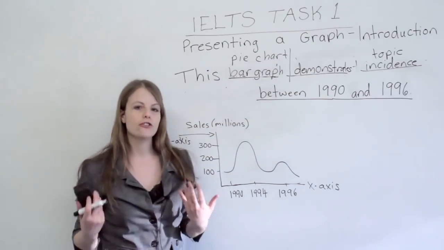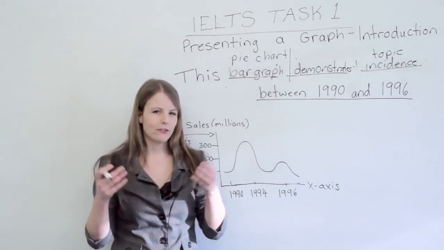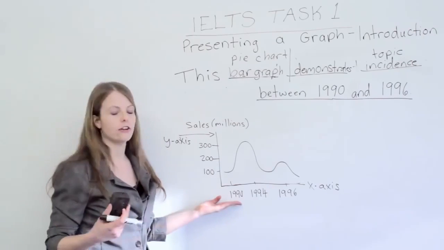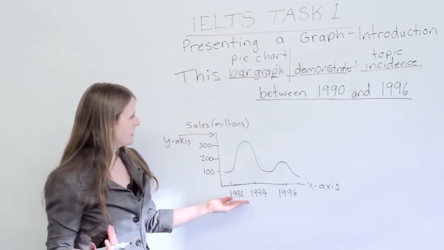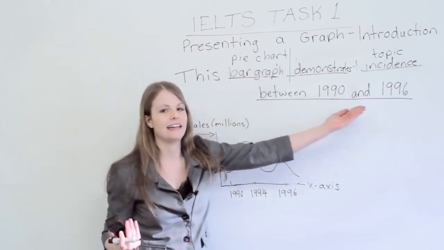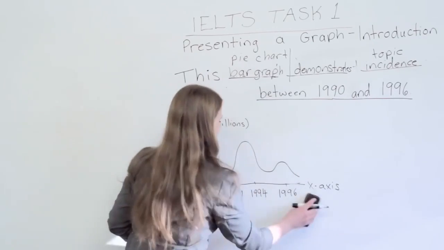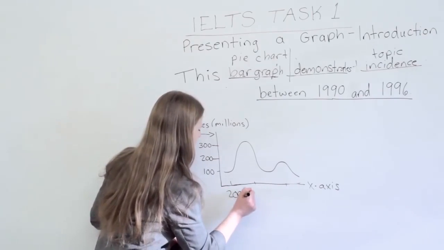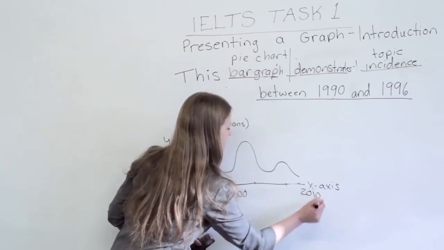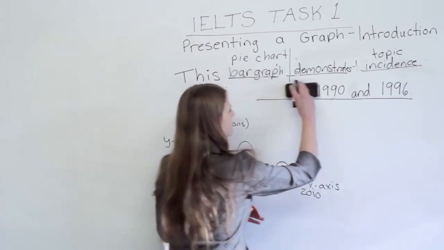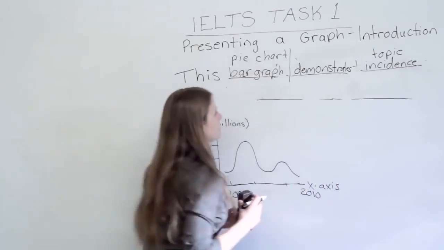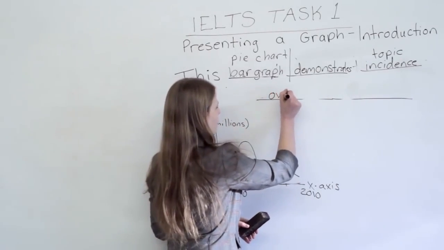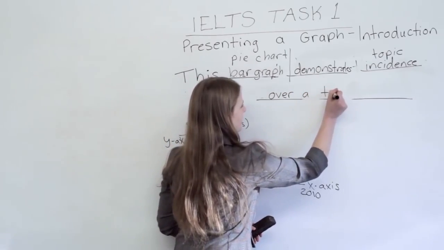And in the last section, you should write the date, whatever they're showing. So if you're looking at years, which is a good chance you will be, here you could say between 1990 and 1996. If this was different, maybe if we were looking at 2000 to 2010, you could say this bar graph demonstrates incidence of whatever over a 10-year period.